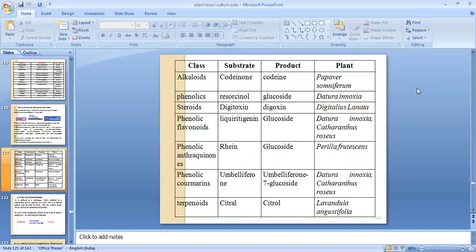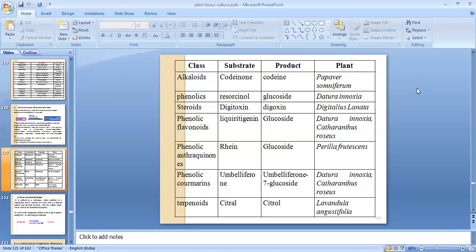In case of steroids, digitoxin is converted into digoxin in Digitalis lanata. And the phenolic flavonoids, liquiritigenin is converted into glucoside in Datura inoxia or Catharanthus roseus. And phenolic anthraquinones, that is rhein, is converted into rhein glucoside in the species Perilla frutescens.